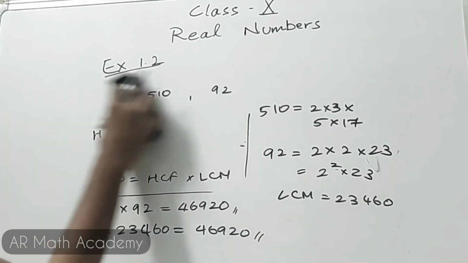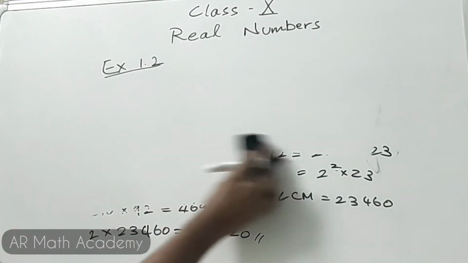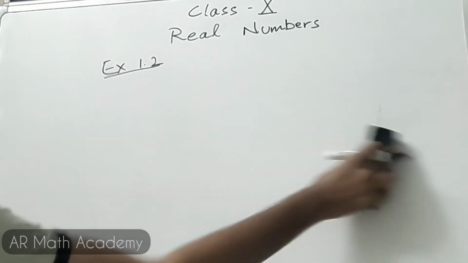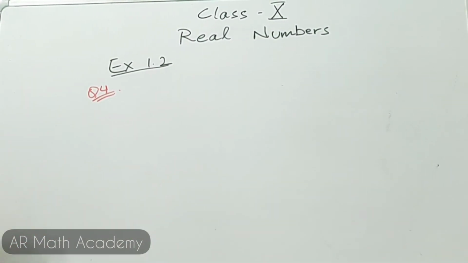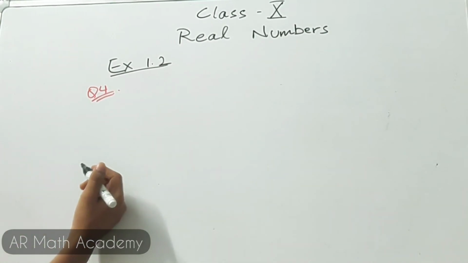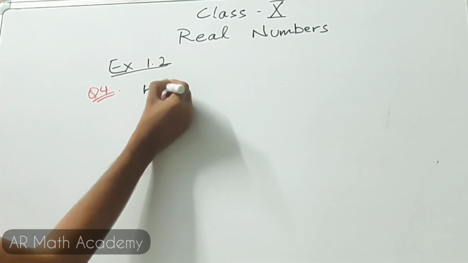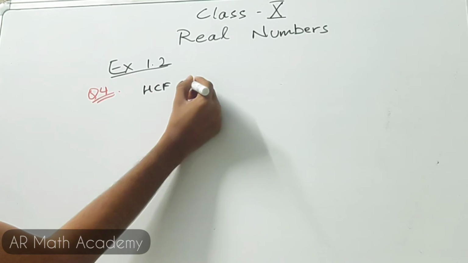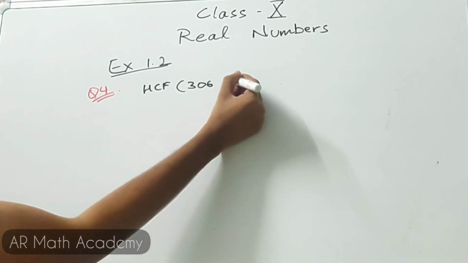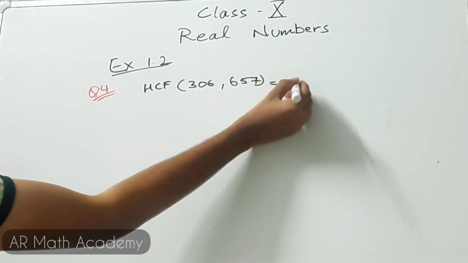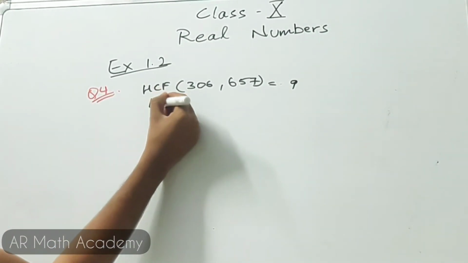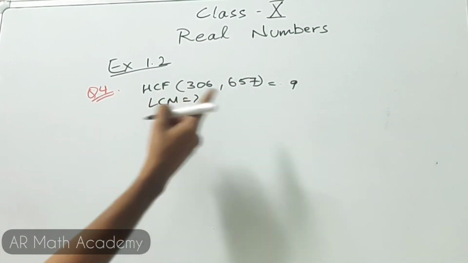So there goes question number 2 from exercise 1. Now the other question from exercise 1, question number 4. In this case, we have been given the HCF of two numbers. The HCF of these two given numbers 306 and 657 is given to us as 9, and we have to find the LCM of these two given numbers.